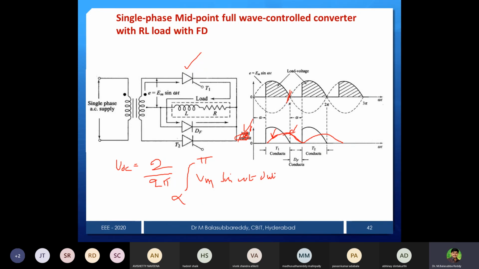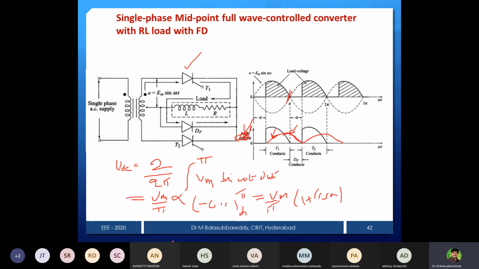So this is just like the R load. It comes out as Vm by pi, the integral gives minus cos omega t, with limits alpha to pi. So this is nothing but Vm by pi into (1 plus cos alpha). That's all. So this is the expression.